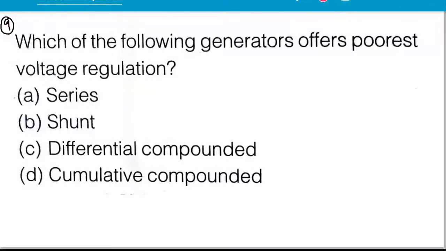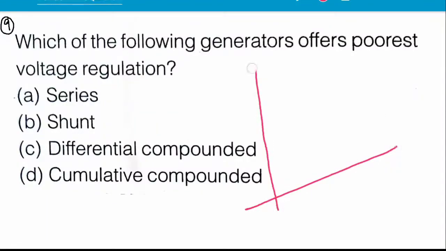Next question, which of the following generators offers the poorest voltage regulation? Series, shunt, differential compounded, cumulative compounded. This is differentially compounded, because this is the voltage and this is the load current, and this is suppose the rated or no load voltage.